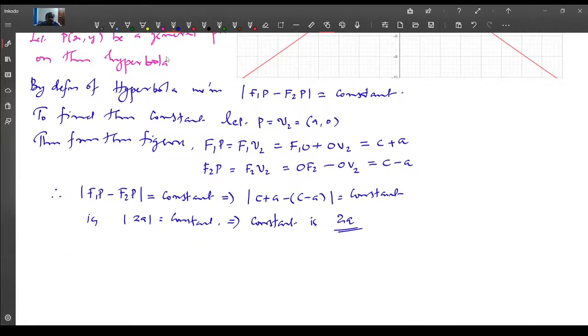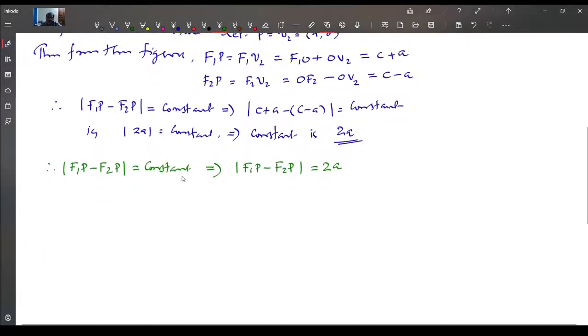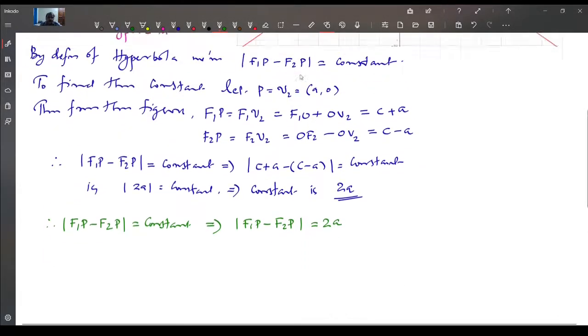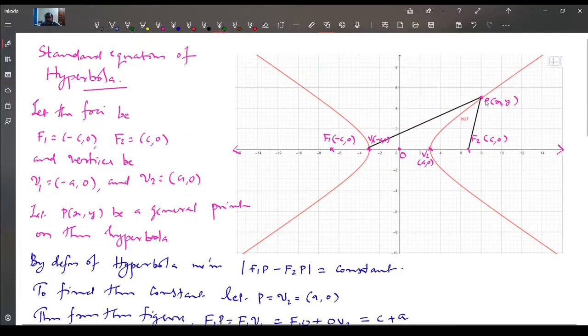Therefore, the absolute value of F1P minus F2P equals the constant, which implies the absolute value of F1P minus F2P equals 2a. Now from the figure, F1P is the distance between (x, y) and (-c, 0).